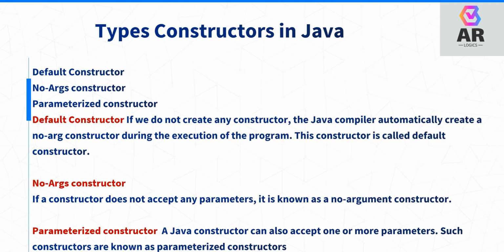How many types of constructors are there? Default constructor, no argument constructor and parameterized constructor. Default constructor: if you don't create any constructor, the Java compiler automatically creates a no argument constructor during the execution of the program. This constructor is called the default constructor.